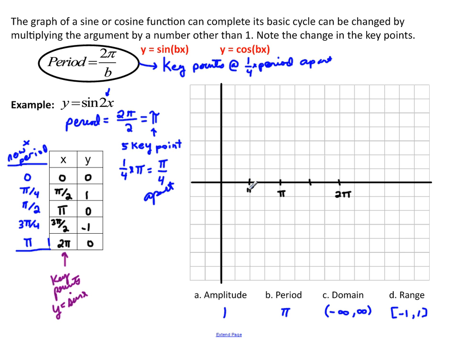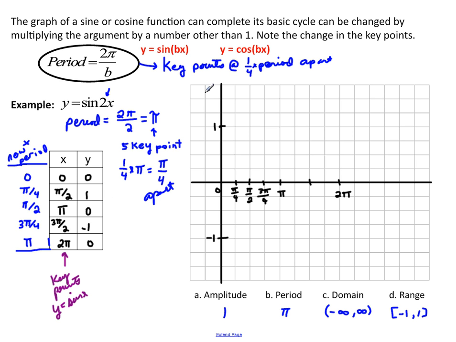Here's pi over 2. Let's divide this up a little bit further. Our key points are at 0, pi over 4, pi over 2, 3 pi over 4, and then finally one full period ends at pi. So what's going to happen is our y value goes up as high as 1, goes down as low as -1, but we follow this pattern. Remember, we haven't adjusted these y values by changing the amplitude.